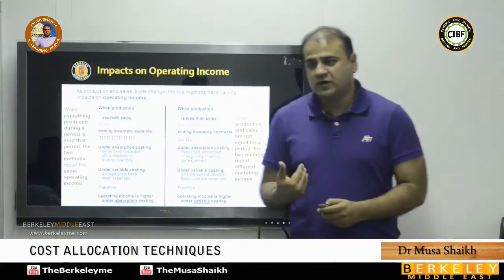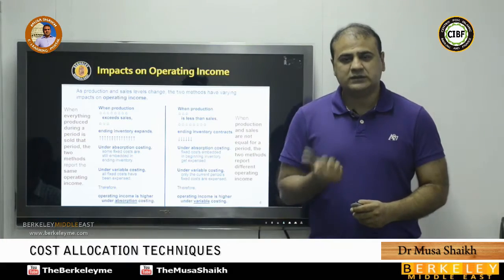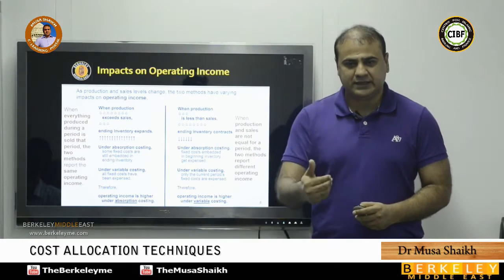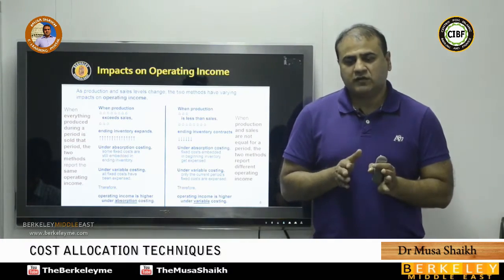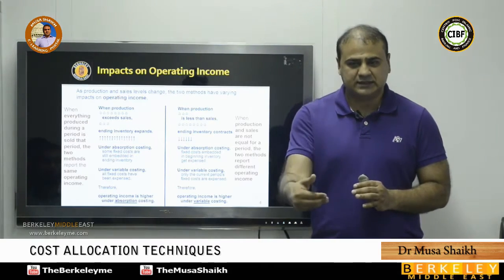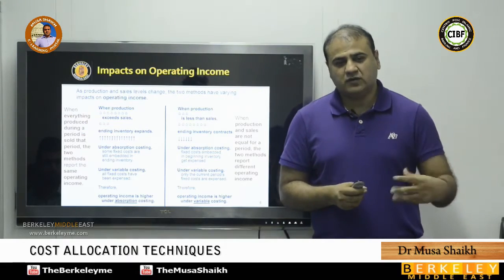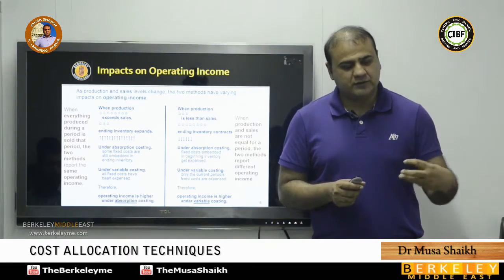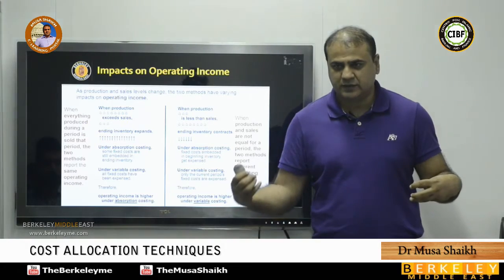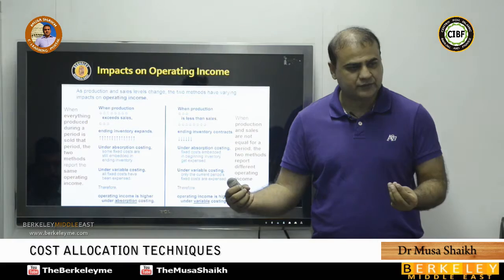Moving forward, a lot of our questions are based on the concept on this slide, the impact on operating income. Of course, when we use absorption costing, it has fixed cost inside, so cost will be higher. Variable costing takes only variable cost, so in comparison, it will always be lower than total or absorption cost.